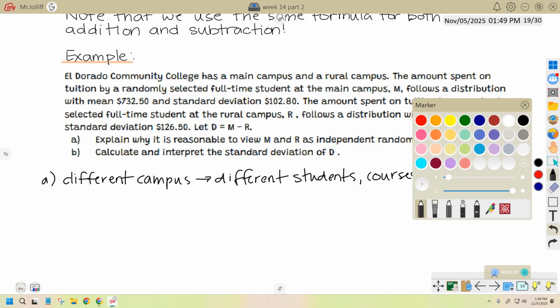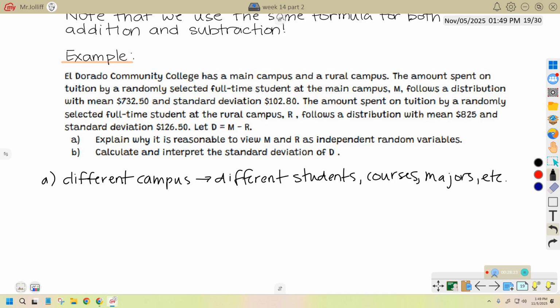Knowing that they're independent, or feeling confident that we can argue they are independent, we are asked to calculate and interpret their standard deviation. So I want the standard deviation of the difference, standard deviation of M minus R. And we know when we're combining distributions, it's the square root of the sum of the squares.